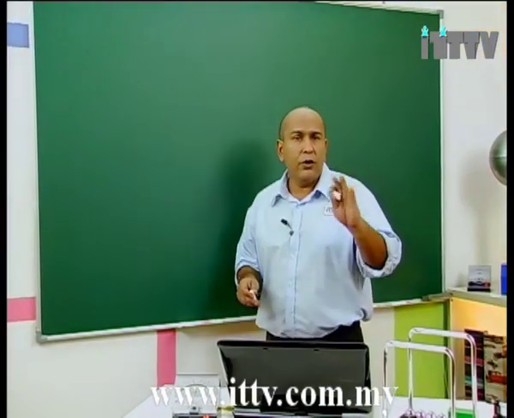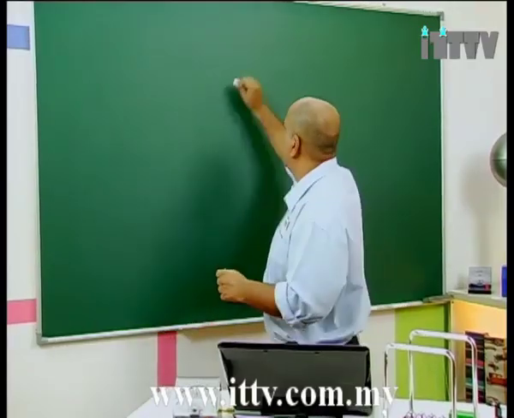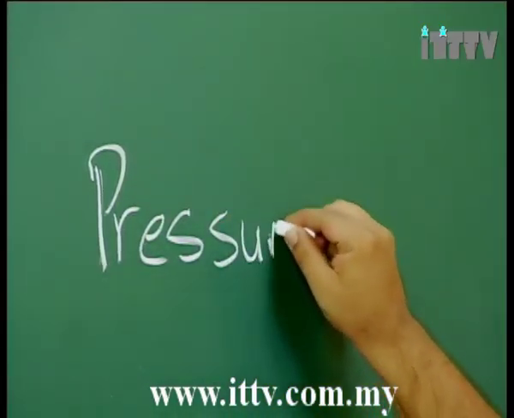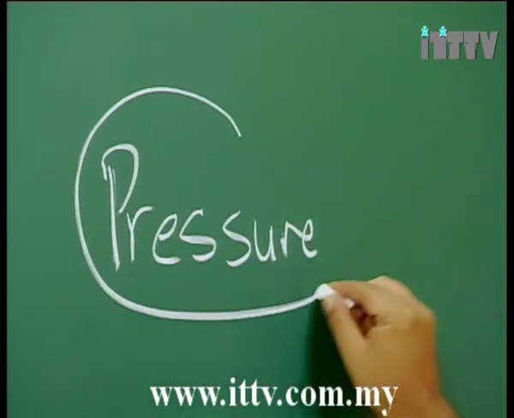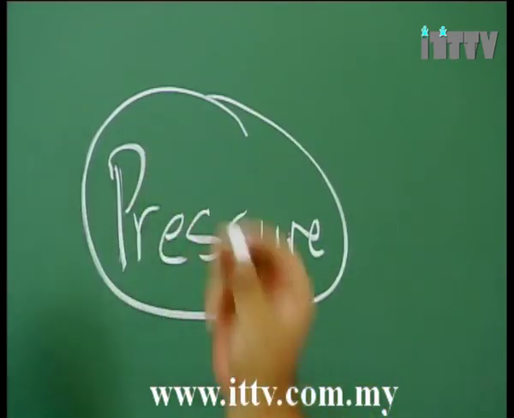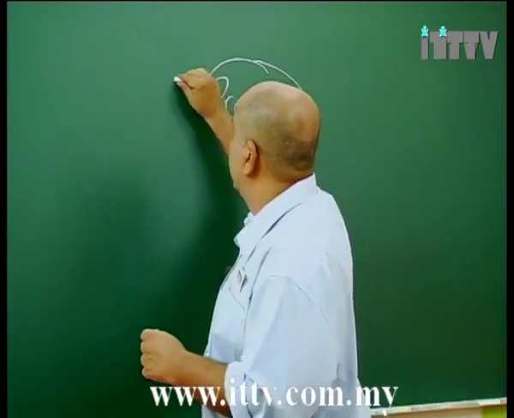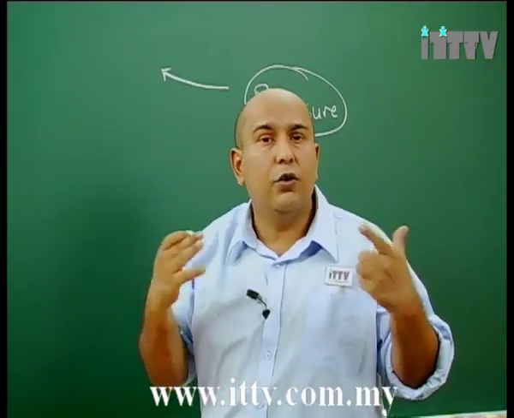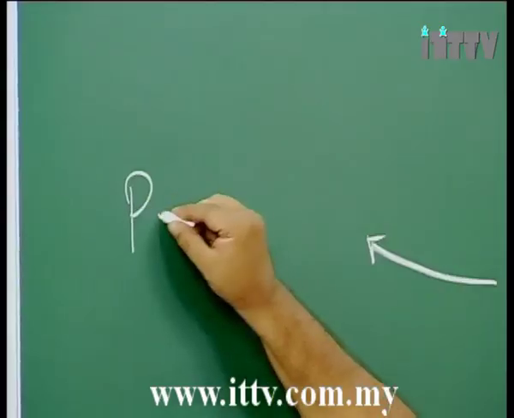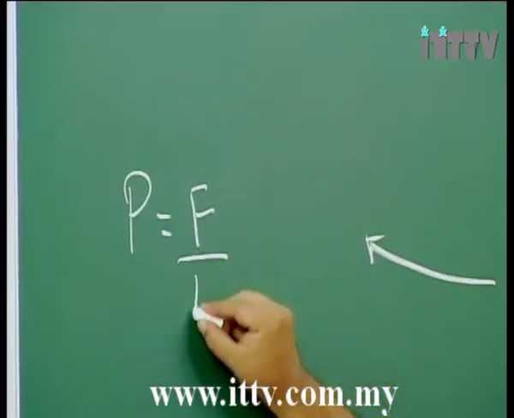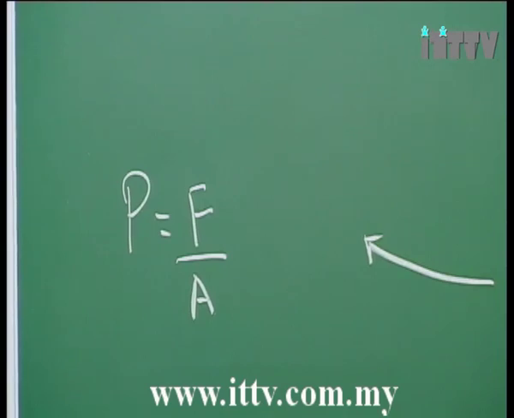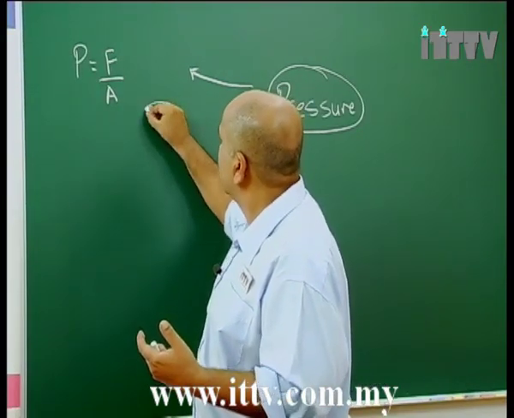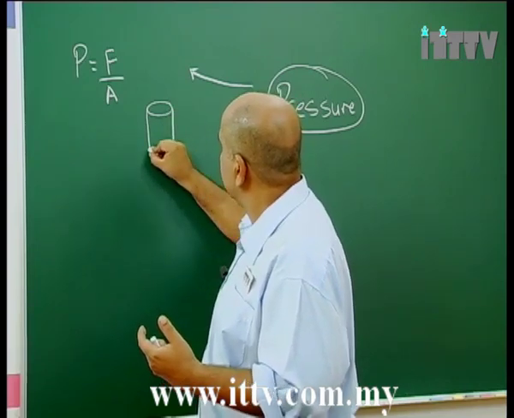So remember, what we are looking at is pressure. Let's start with the formula for pressure. We said that the formula is force over area. So pressure equals force over area. What we have is an object, let's say like this.